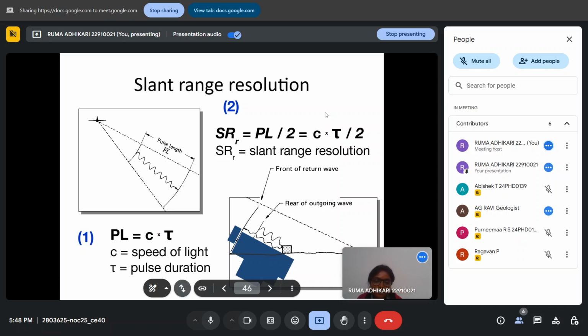It is easy to calculate: it is transmitting and receiving, so two times it is covering this distance, so this distance divided by 2. The pulse length times the speed of light is the total distance covered going and coming back, divided by 2, so it is the range resolution.